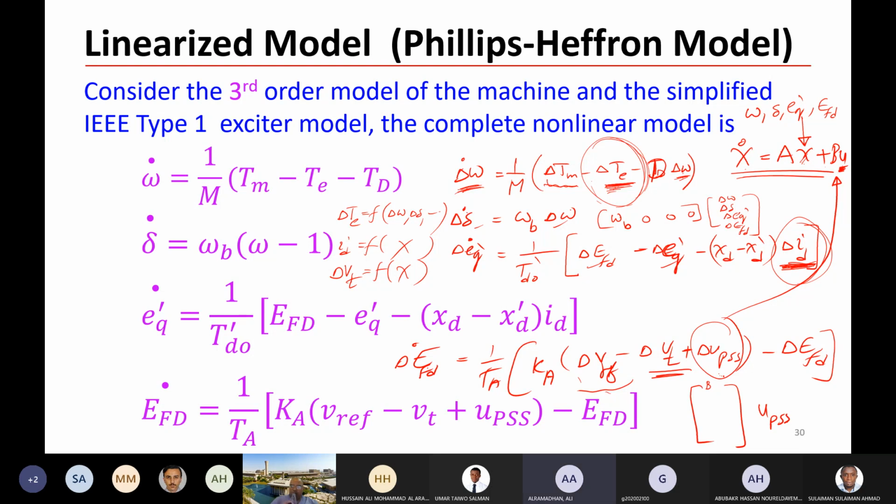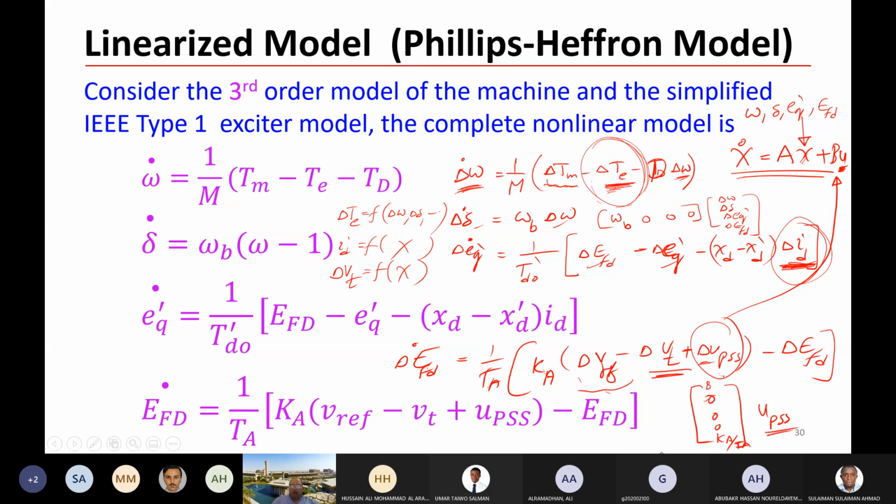Ramadan. Yes, Doctor. So it's 0, 0, 0, 0, 0, 0, 1. Why 1? What is the coefficient of UPSS? Okay, KA over TA. So this is the B matrix here.